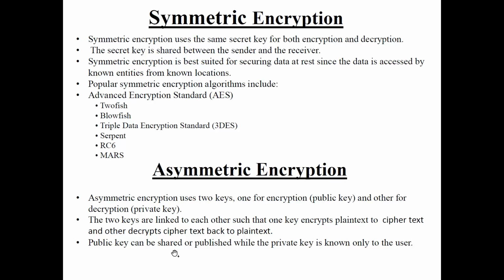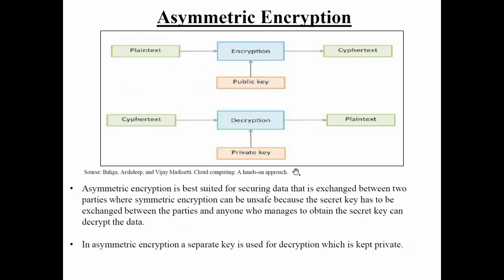The public key can be shared or published, while the private key is only known to the user. This diagram depicts the process of asymmetric encryption. Plain text gets encrypted and converted to ciphertext through the public key, whereas ciphertext gets converted back to plain text by the process of decryption, which requires a private key.